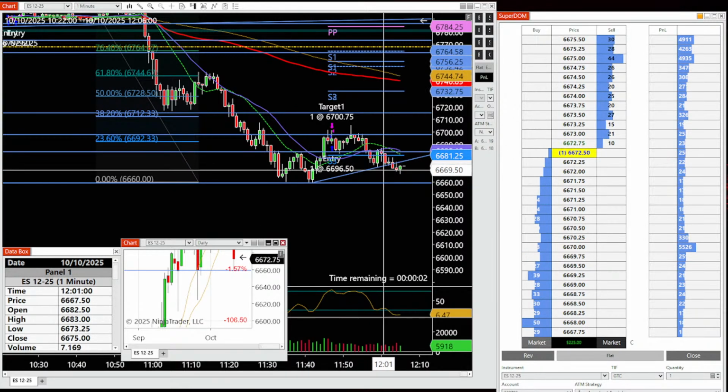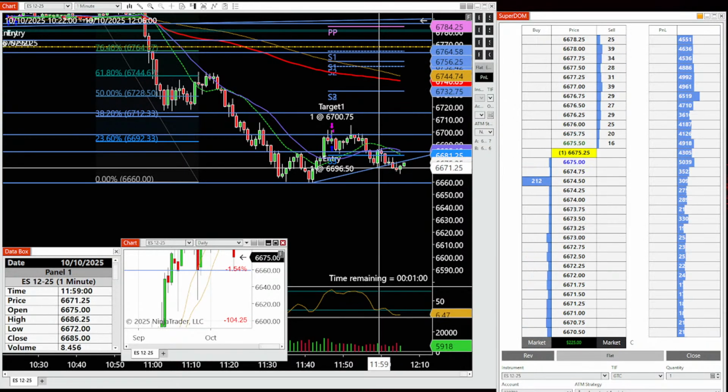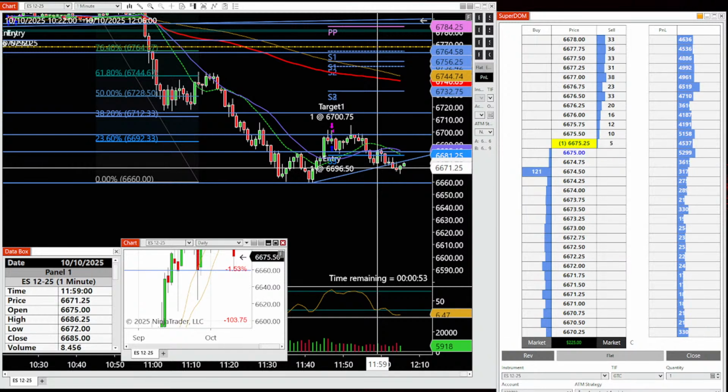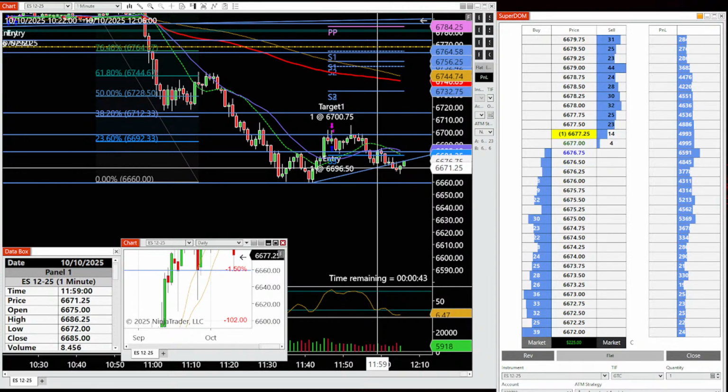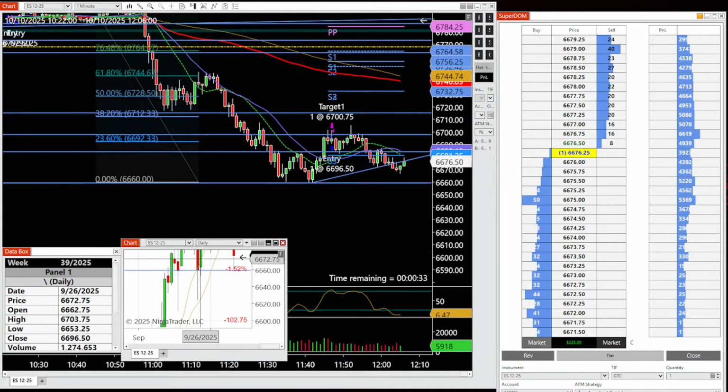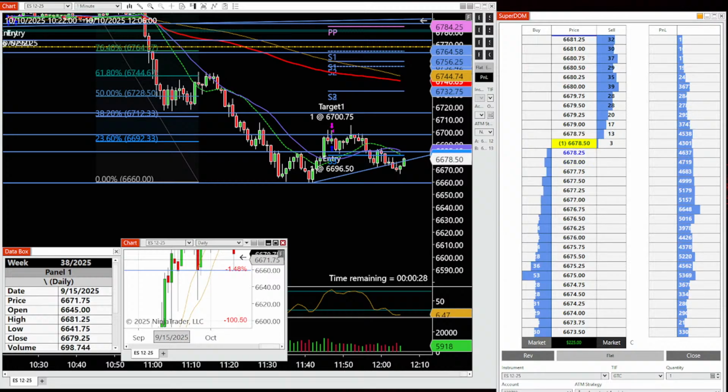Now, if we don't do the head and shoulders fail, but we could do head and shoulders break here, lower 72. So we did 67.05 minus 66.72 is 33. 66.72 minus 33 gives us 66.40. 53.41.